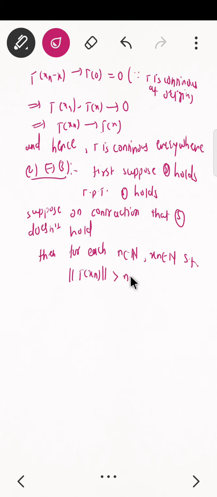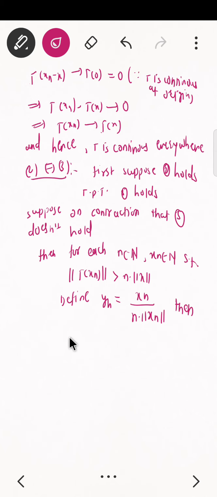Hence, it doesn't hold means that for each natural number n, we are going to get an xn in N such that norm of T of xn is strictly greater than n times norm of xn. With the help of this, we define a new sequence yn as xn upon n times norm of xn.